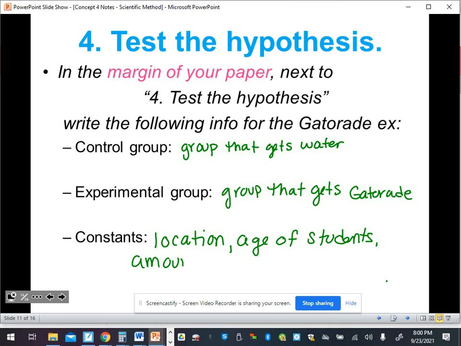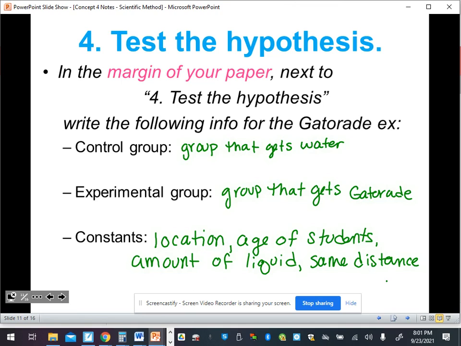So both groups should drink the same amount, whether it's water or Gatorade. You would obviously want them to be running the same distance. It wouldn't be fair to time one group running one lap around the track and the other one just running 100 meters.